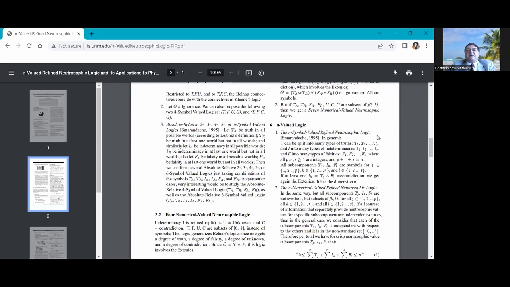Now we have defined the n-value logic in the following way. For truth, we split truth into T1, T2, Tp, I into I1, I2, Ir, and F into F1, F2, Fs. So all of them are split.